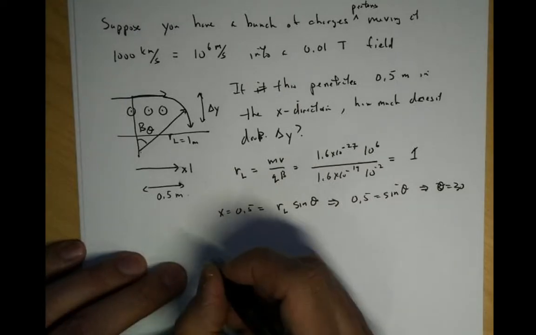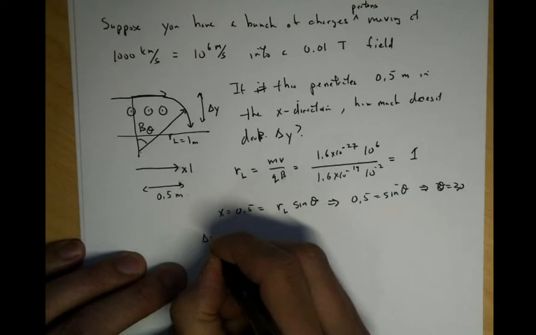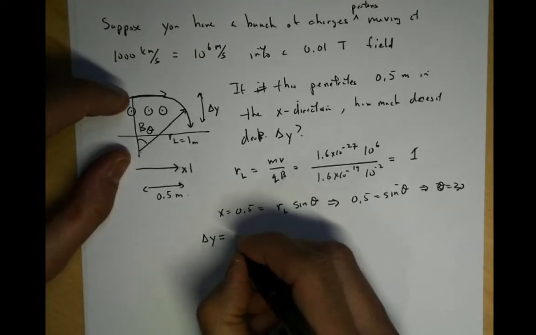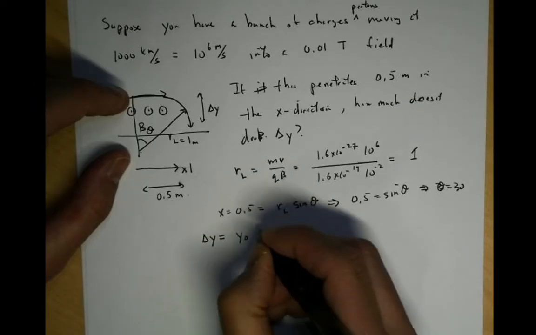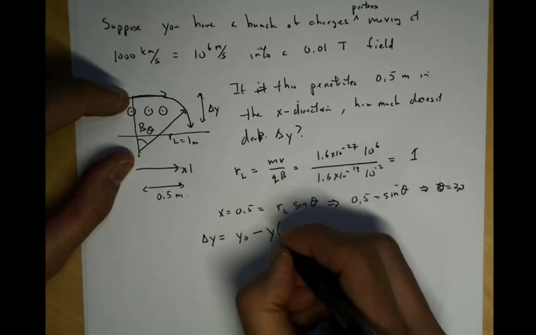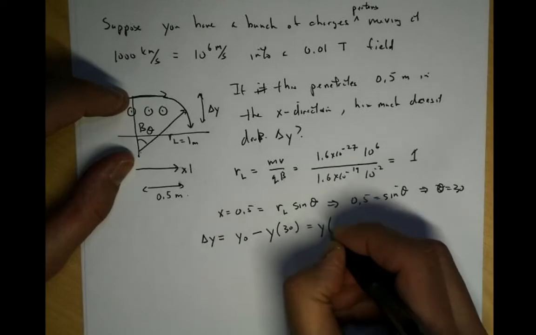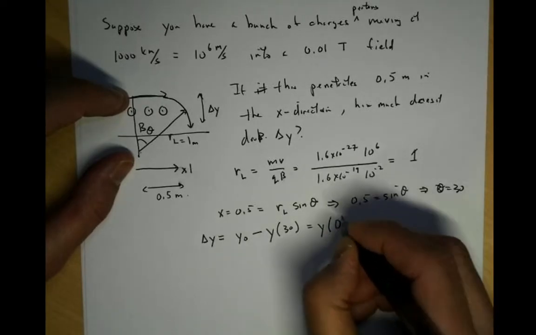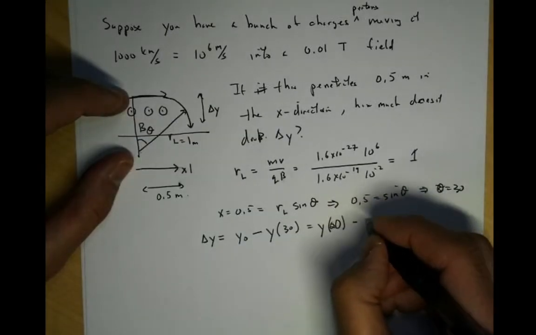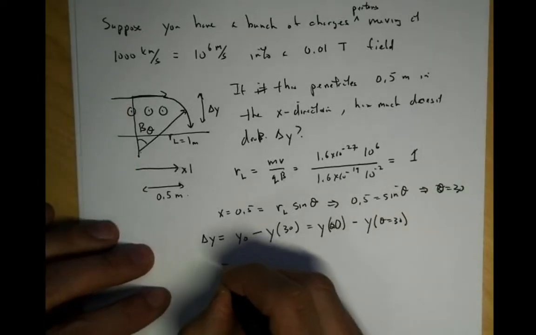And so basically this distance that it drops, delta y, is equal to, well, it starts out at y0, right, minus y at 30 degrees, and y0 is basically y at theta equals 0. That's at that point, minus y at theta equals 30 degrees. Let's work that out.